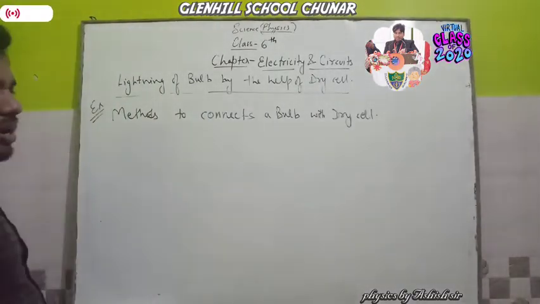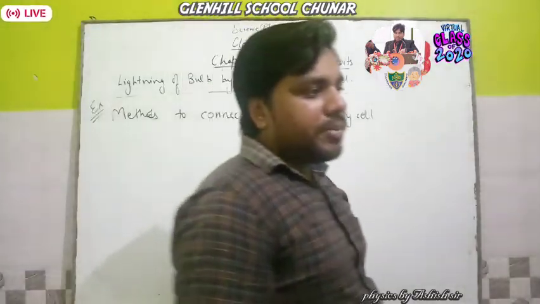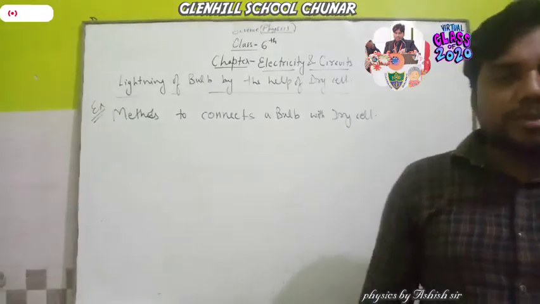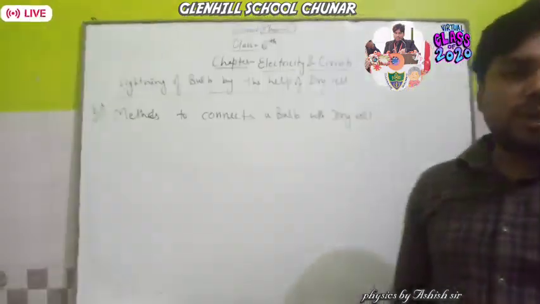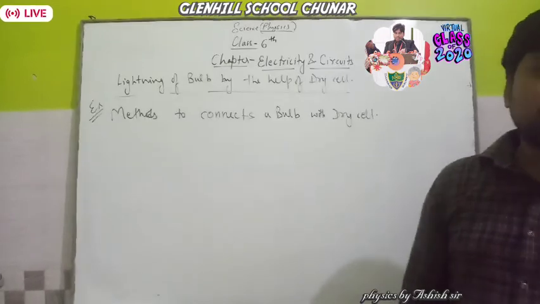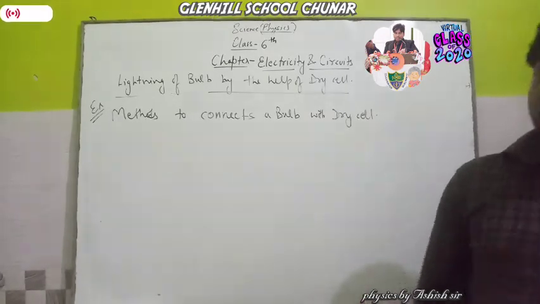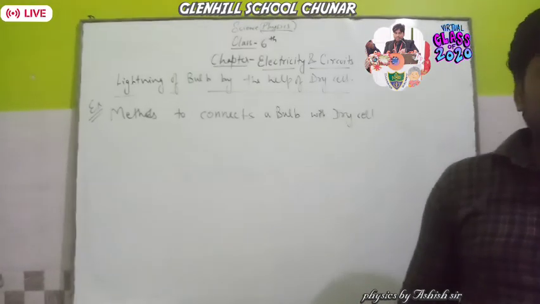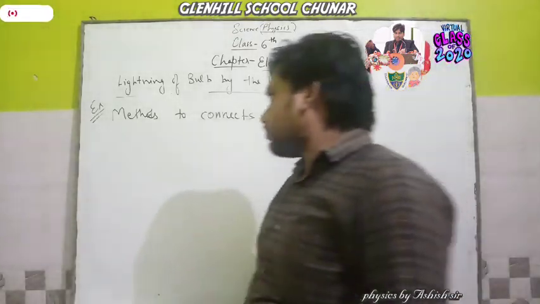Simply, there are so many methods. In some methods the bulb cannot glow, and in some methods the bulb will glow. Let's see in which condition the bulb will glow and in which condition the bulb will not glow. Okay, let's see here.